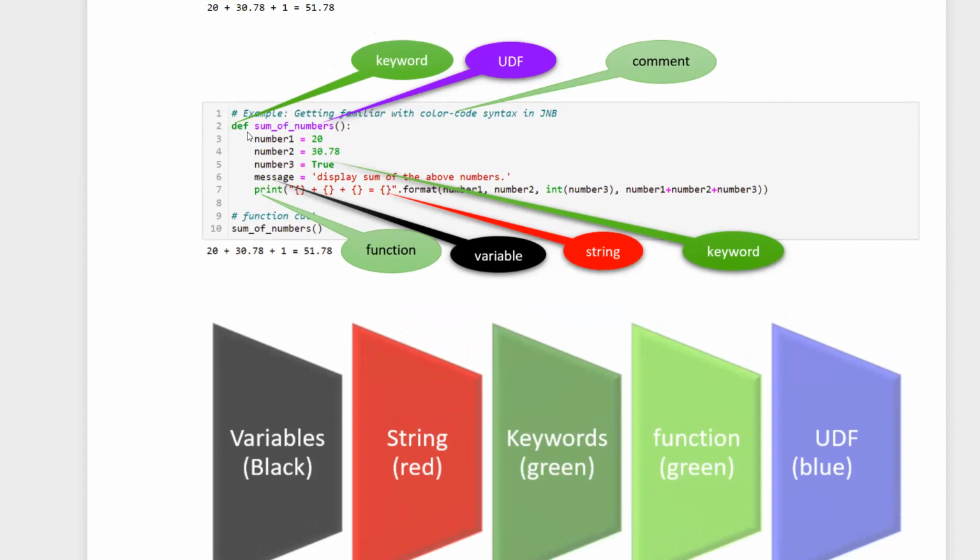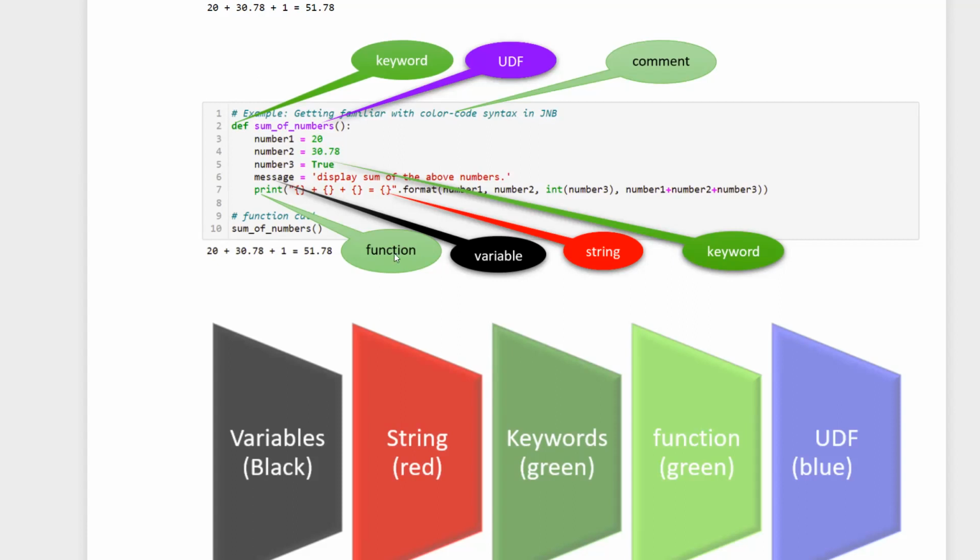Mostly these color codes are personalized with respect to the IDEs. The color code that I'm discussing here is specific to Jupyter Notebook, and at most it can extend to Jupyter Lab. So you have to be careful. If you are using any other IDEs, you have to understand the rules of that particular IDE in order to debug your code efficiently.